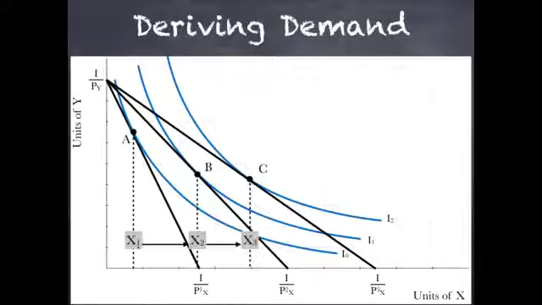As we lowered the price, the utility maximizing amount of X increases. We lower the price again, and the utility maximizing amount of X increased again. So as we lowered the price, quantity demanded increased, which is exactly the law of demand, that there's an inverse relationship between price and quantity demanded.